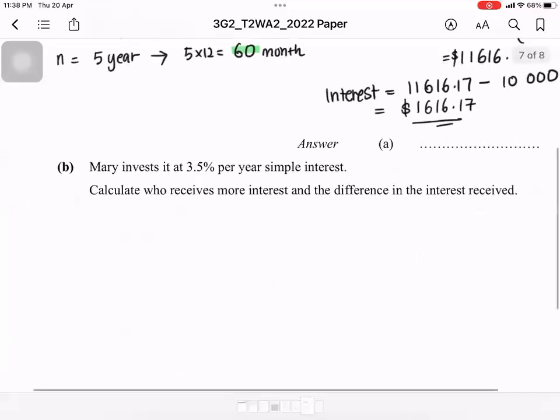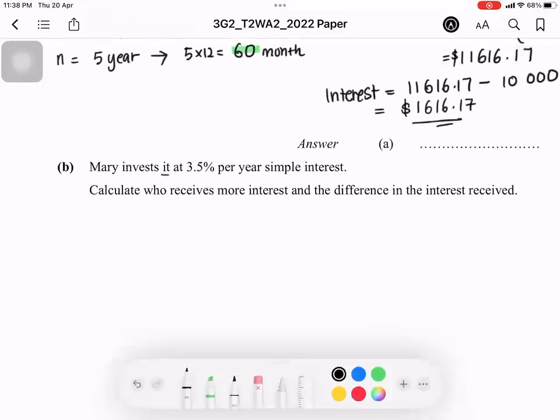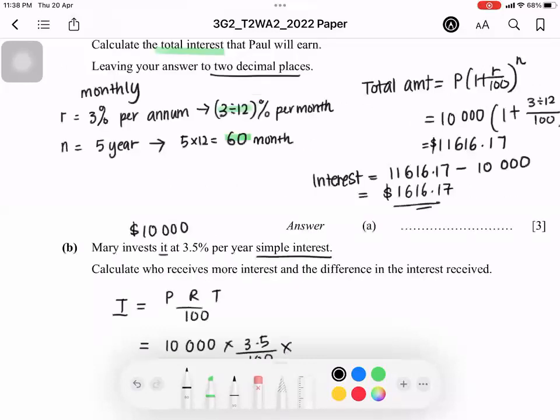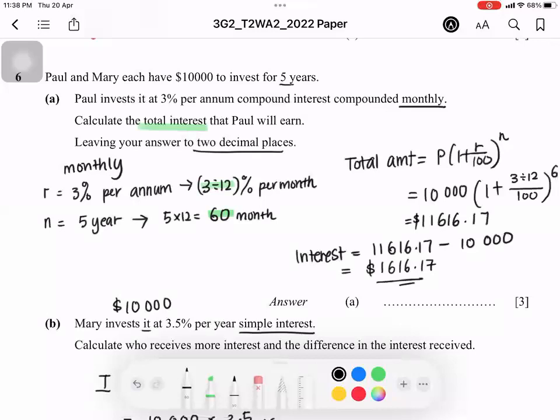Next question, next part. Mary invests $10,000 at 3.5% per year, simple interest. Simple interest formula, I equals to PRT over 100. So $10,000, 3.5% per year, number of years, 5 years.